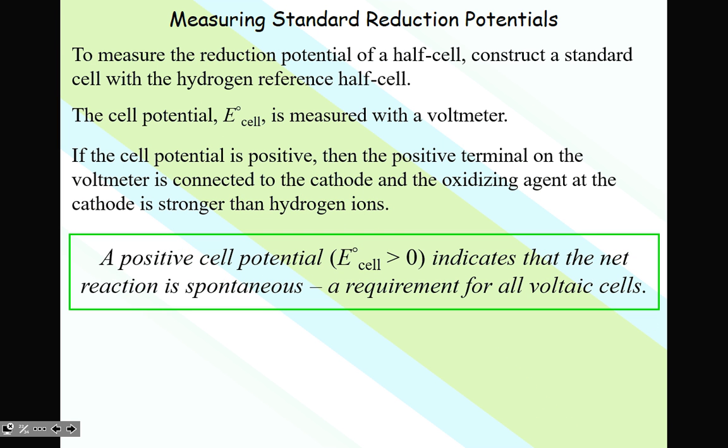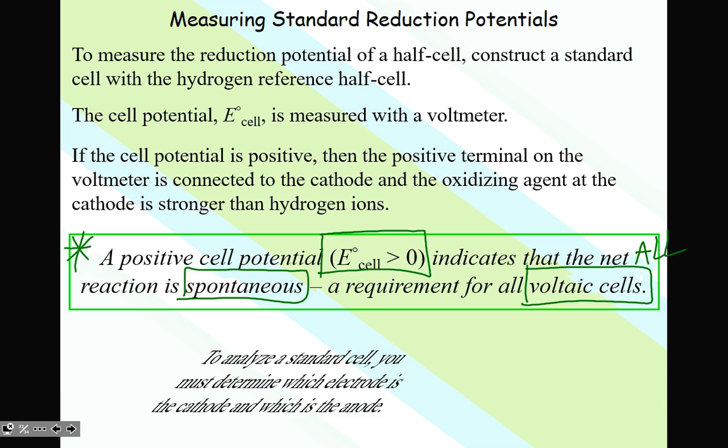So a positive cell potential, if the potential is greater than 0, indicates that the net reaction is spontaneous. And this is indicative of all voltaic cells. All voltaic cells are going to have a positive cell potential. That is something that you have to put in the vault.